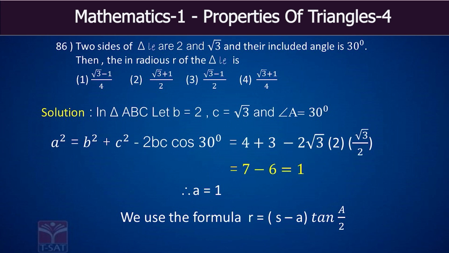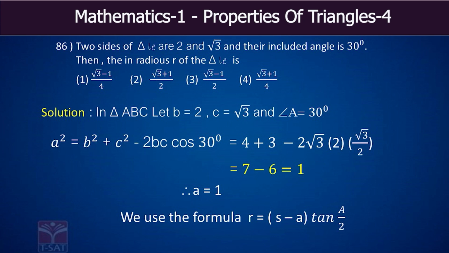In triangle ABC, let b is equal to 2 and c is equal to √3, and angle A is equal to 30 degrees. By using the cosine formula, a square is equal to b square plus c square minus 2bc cos 30. If you substitute the values, you will have a square is equal to 7 minus 6. So therefore a is equal to 1.